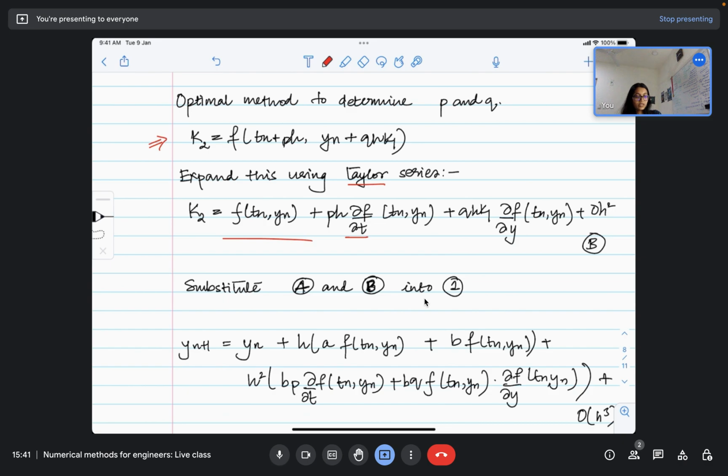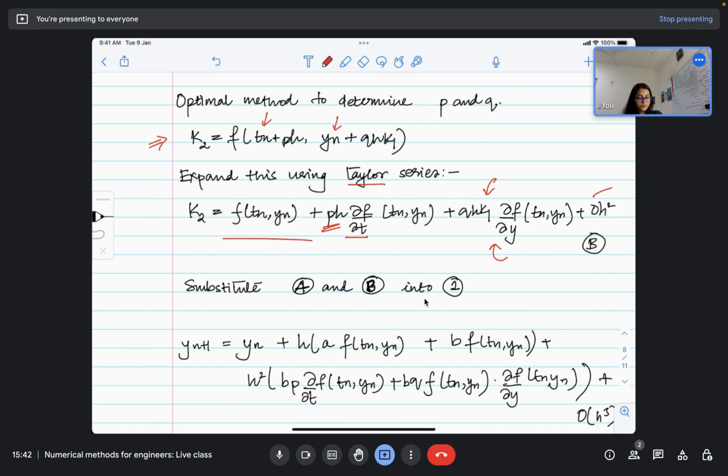There is time and there is y. So when you're partially differentiating with respect to time, the p h is going to come outside and it's going to be the function of tn and yn. And when you're partially differentiating with respect to y, q h k1 is going to come outside, and the function will be f of tn and yn, and all other higher order terms.